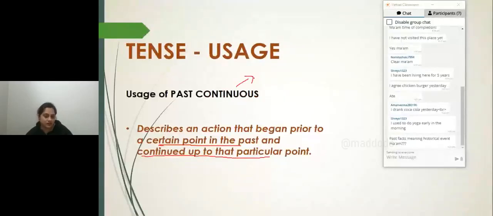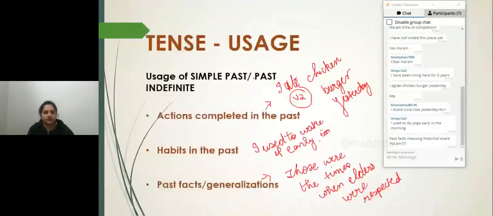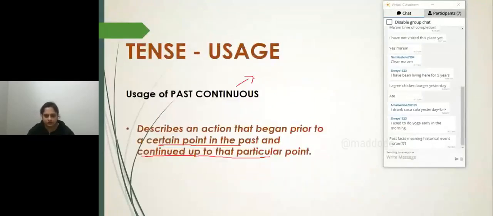Historical events that had happened, we use simple past for that. Or general statements, like I gave a very general statement, generalizations. Whenever we make a generalization, this used to happen, right? It's not specific to a person. This was a general way of behaving for most people. So that is a generalization we pass, right?